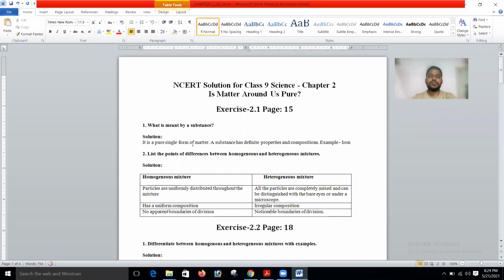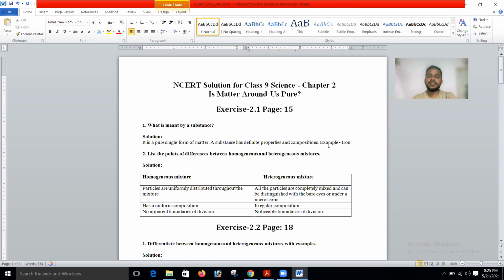A substance has definite properties and composition. So if we have to define substance, we say that it is a pure single form of matter, that is, only one kind of particles will be there.